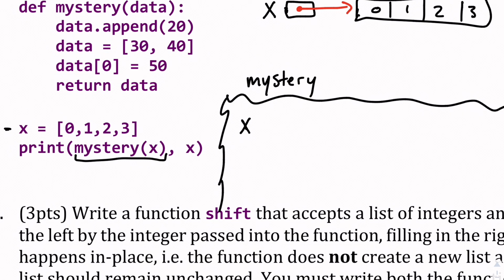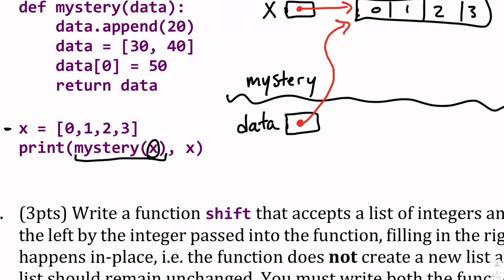We give it a data variable. What is this data variable? It gets the value of the argument. The argument is x. X is just a reference, and so this data variable is the same reference.